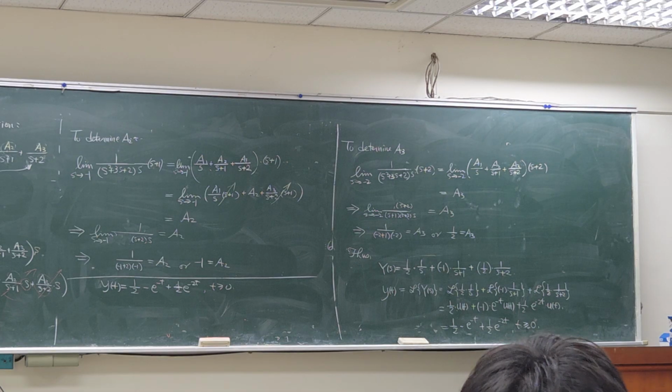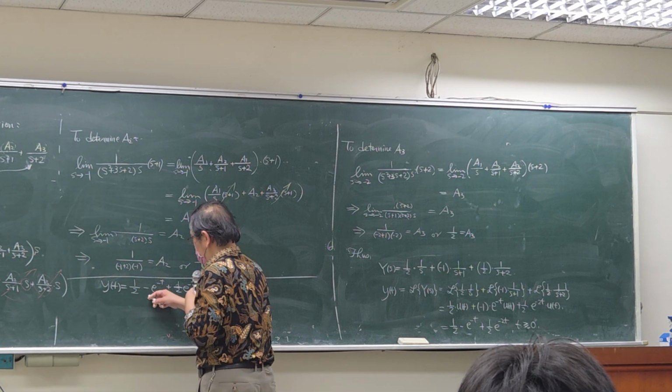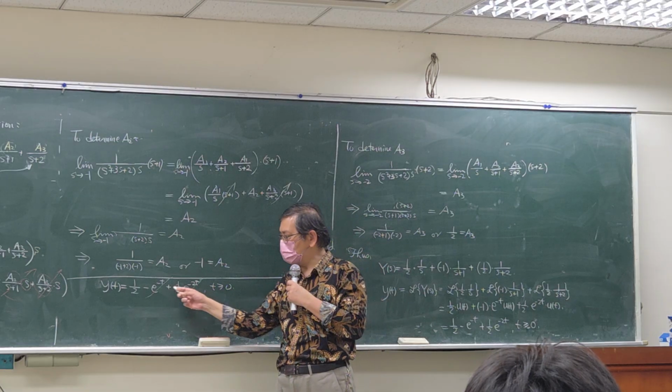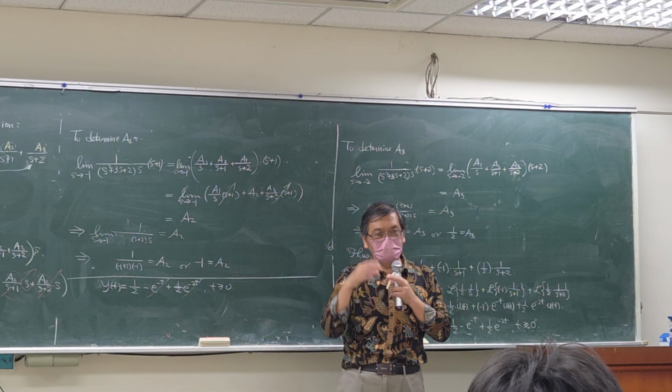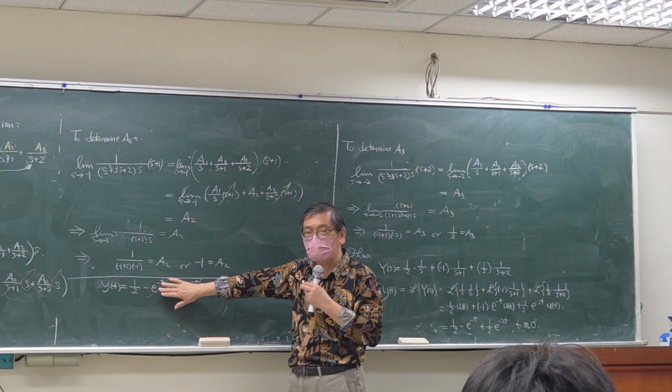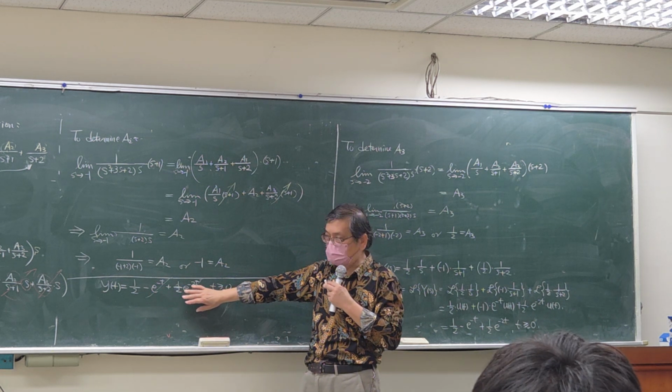Again, if I let t approach a very big number, these two exponential functions will die out, will approach 0, right? They will disappear when t is a big number. Okay?